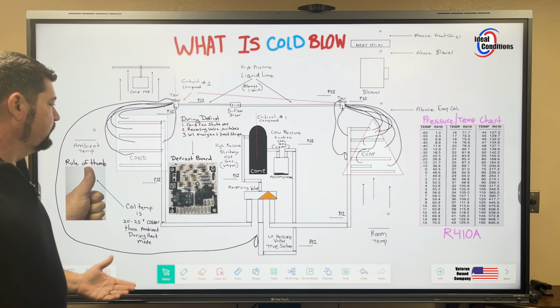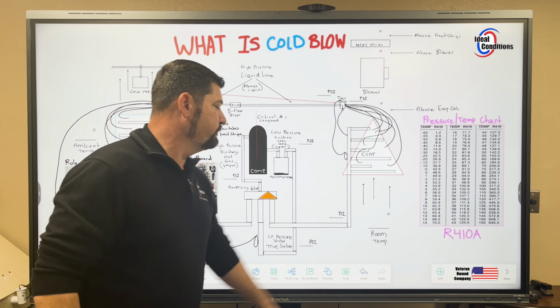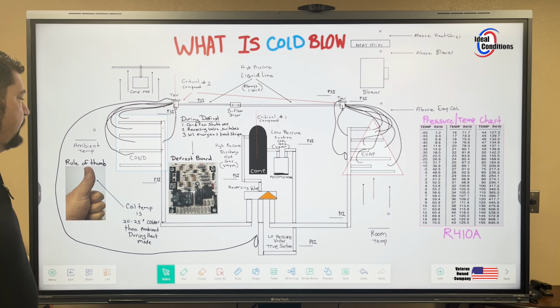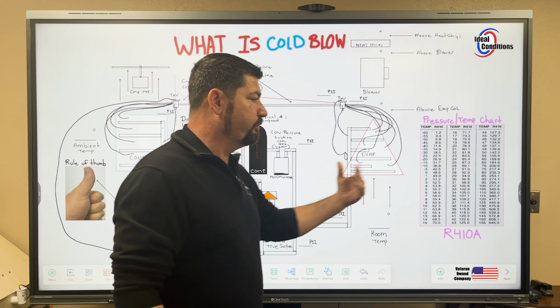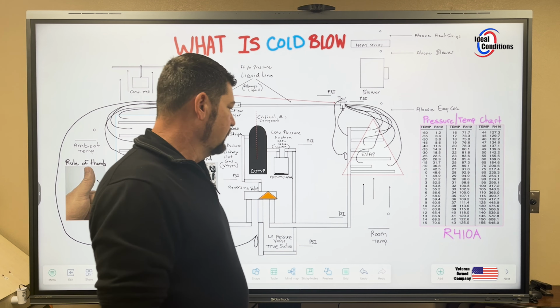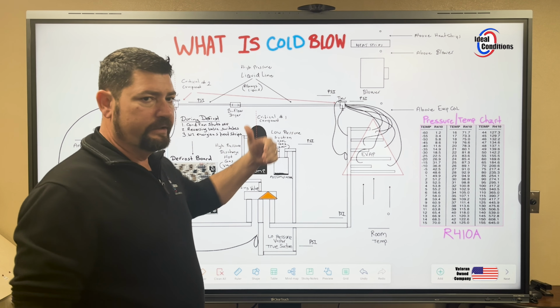And I'm going to go ahead and just put 2 values that we need to start off with. One, a room temperature, and 2, an outside temperature. We're calling it the ambient temperature. So we're going to go ahead and put those 2 values down. And based off of that, we should be able to get a pressure. That pressure will allow us to fill in the rest of these blanks.